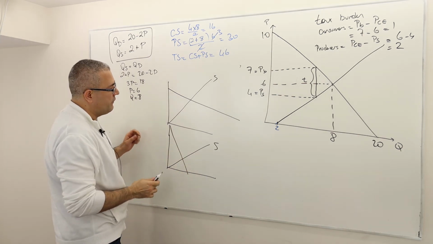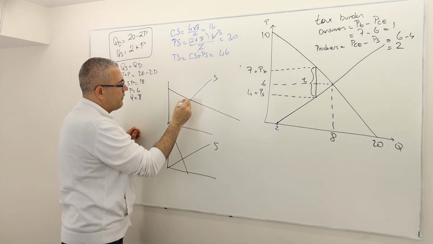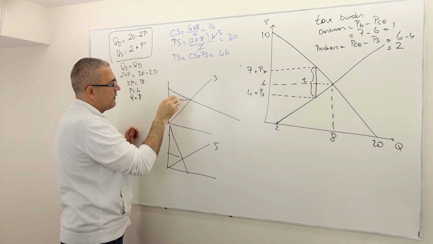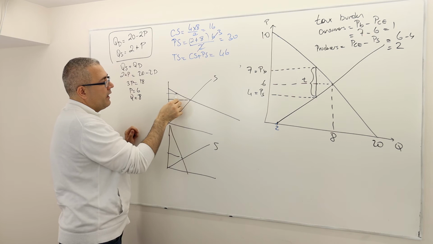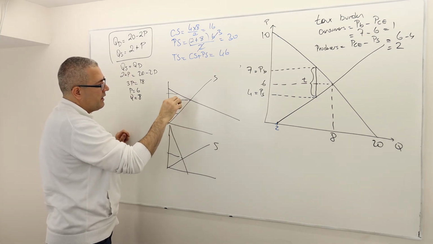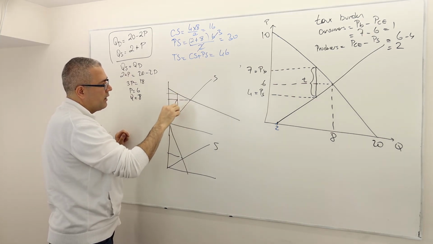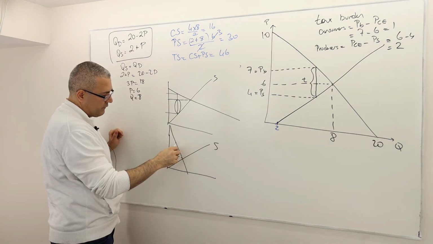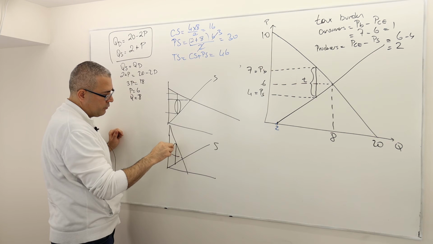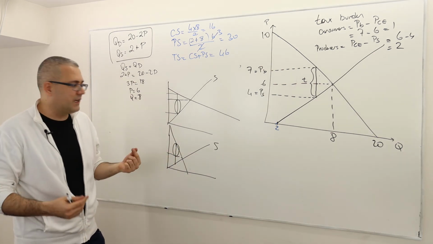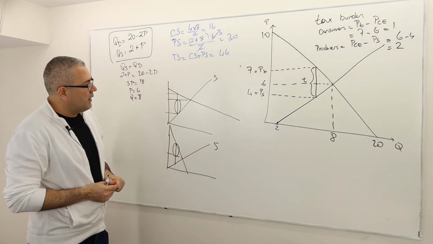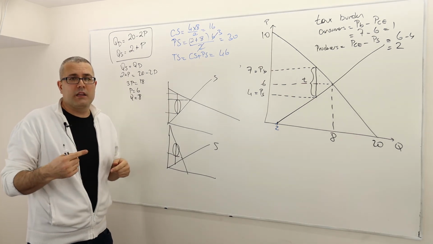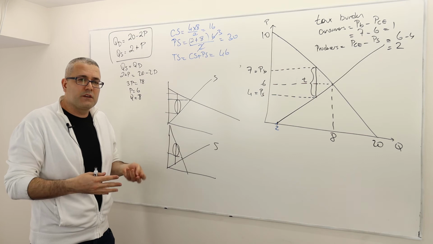If you apply the same amount of tax, as you see here, the supply side is going to suffer a bigger portion. Here, however, who suffers the bigger portion? Well, the consumers, because the consumer's burden is higher. So that means the relatively inelastic party is going to suffer the bigger portion.